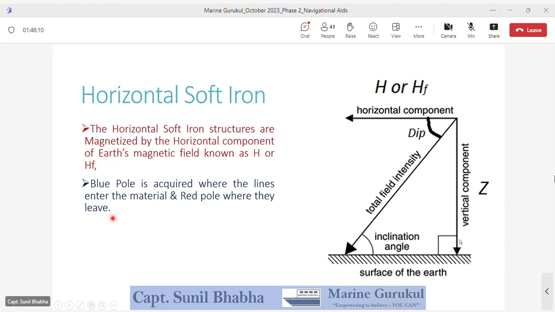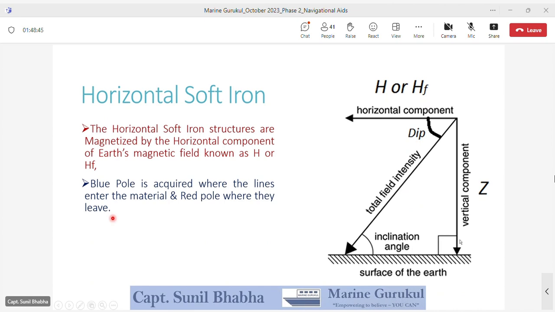Now, if you visualize a ship on the equator on a heading of 000, you will see that the magnetic lines of force at the equator are also parallel to the Earth's surface. They are also horizontal, and they will be entering from the stern of the ship and leaving from the bow of the ship. Now, if we have a fore and aft longitudinal, the magnetic lines of force will be entering that end of the longitudinal which is toward the stern.